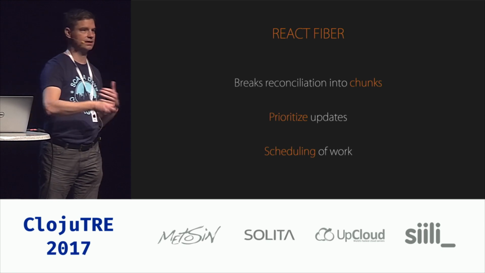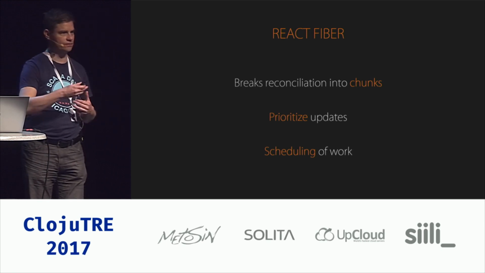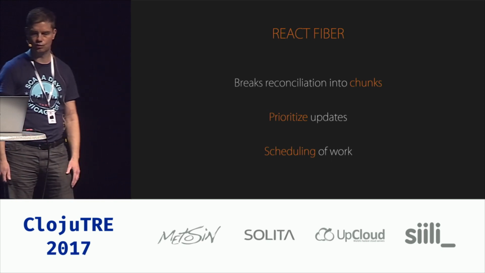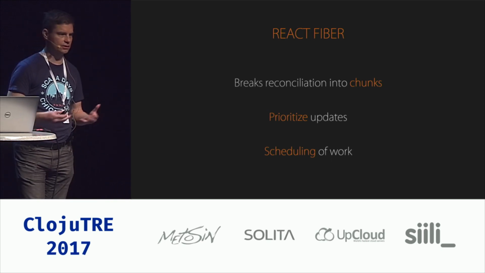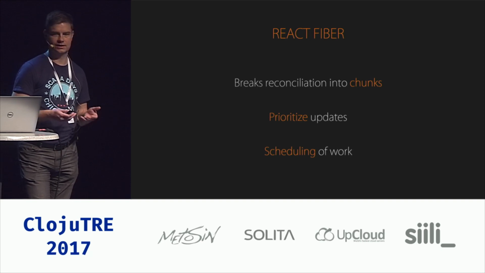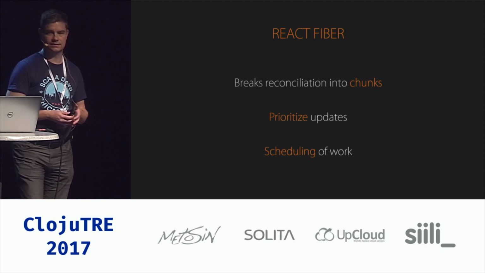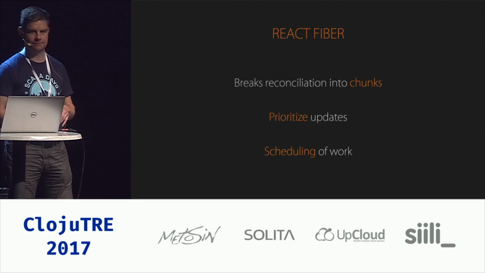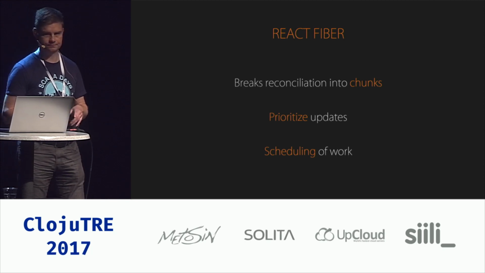So not everything happens in a single frame, but it gradually does those updates so that things keep running smoothly. And this is, of course, to sidestep the limitations of JavaScript and single thread and all that stuff. But it ends up quite complicated, especially since you have to be compatible with the old version.